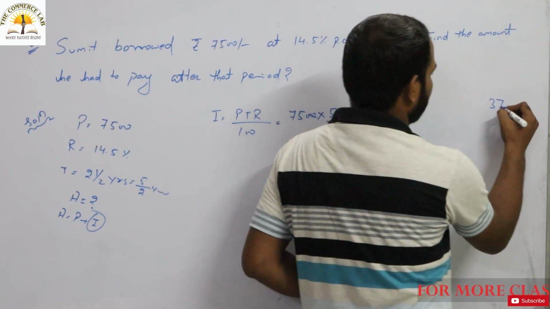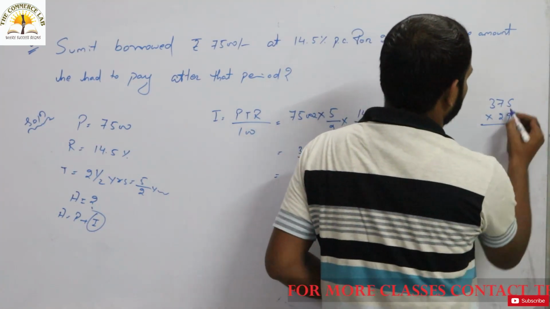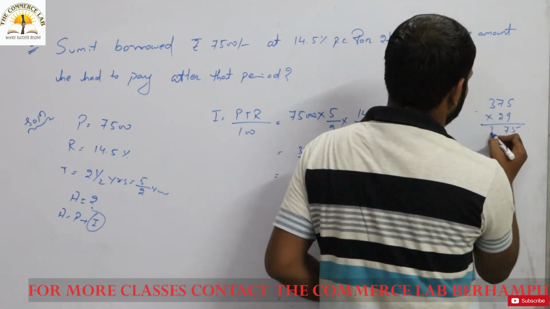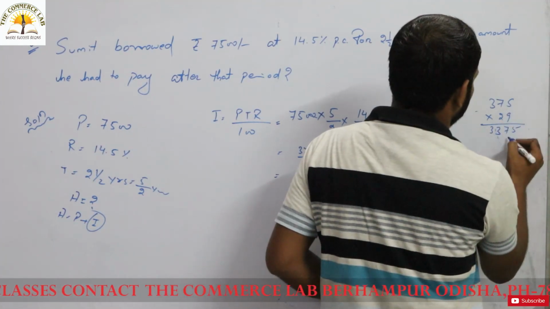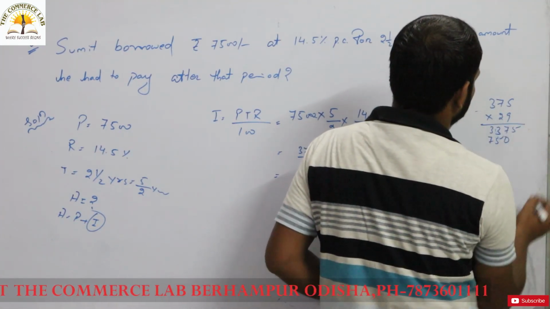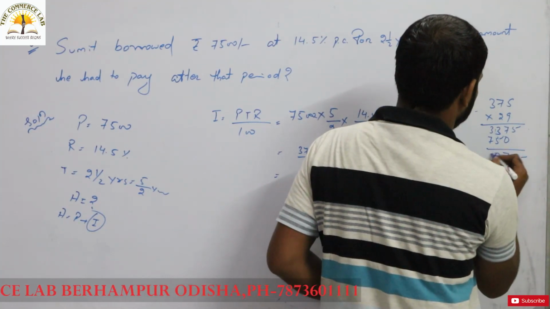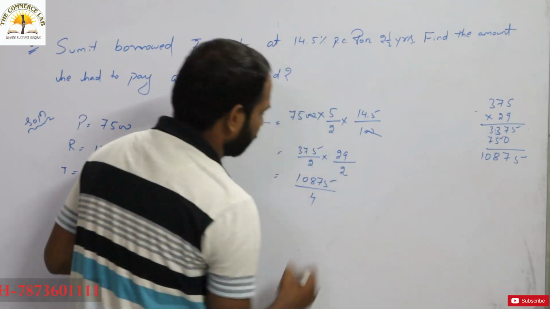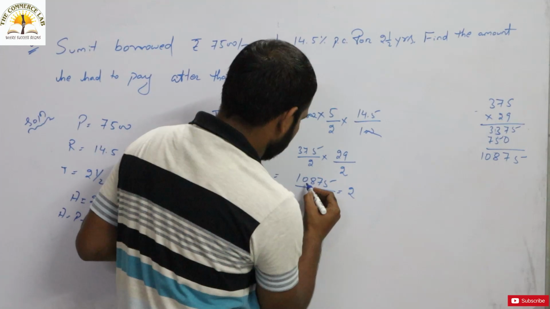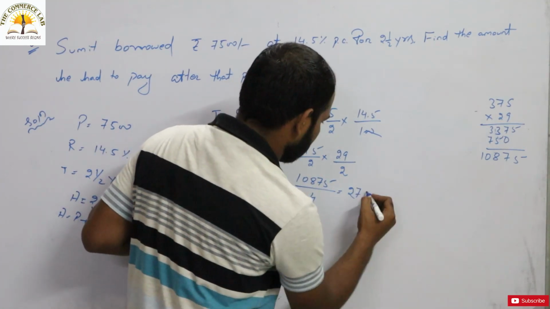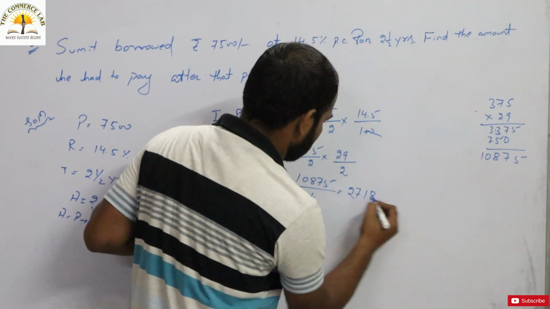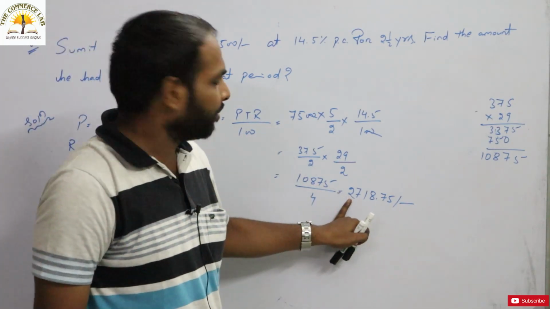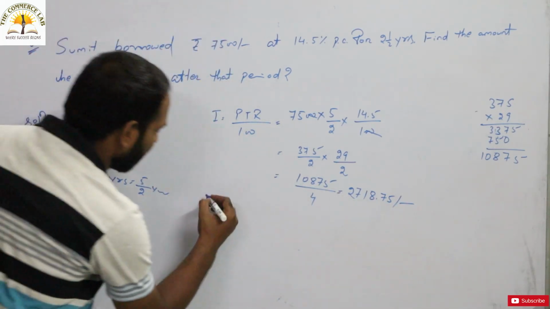So 375 multiplied by 29 is 10,875 by 4. So I equal to 2,718.75 rupees. Then we have to find out amount.